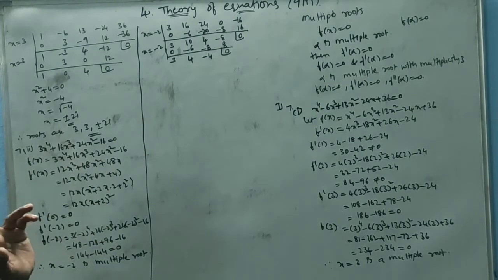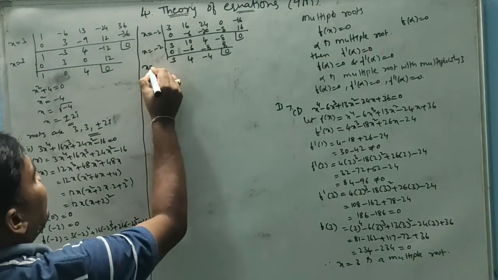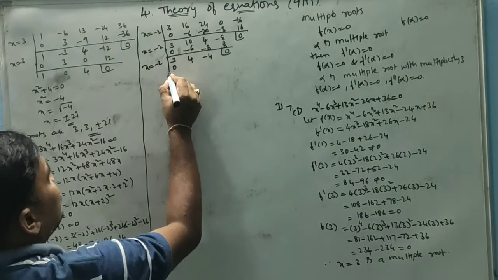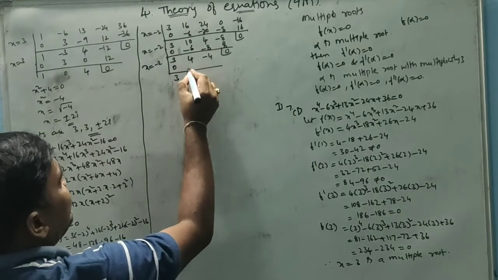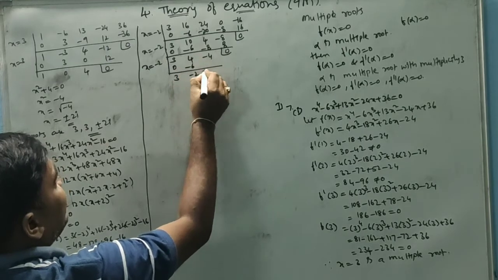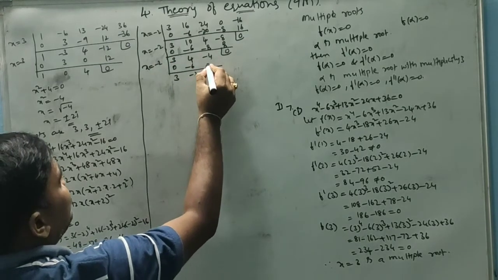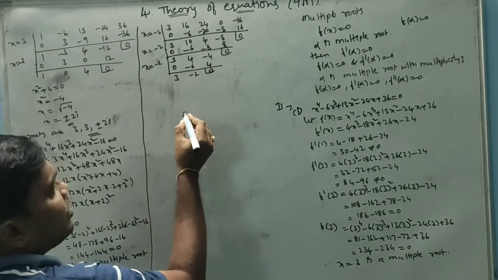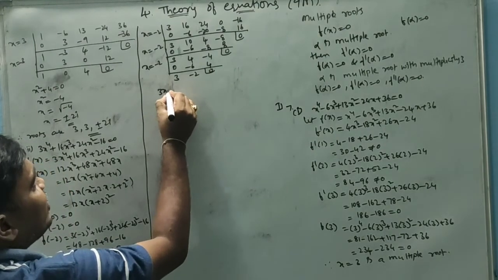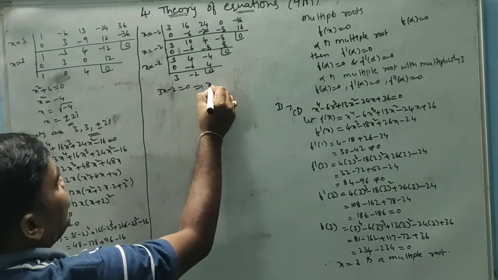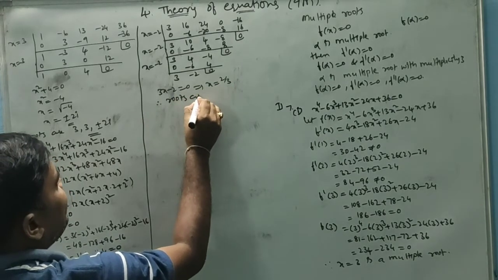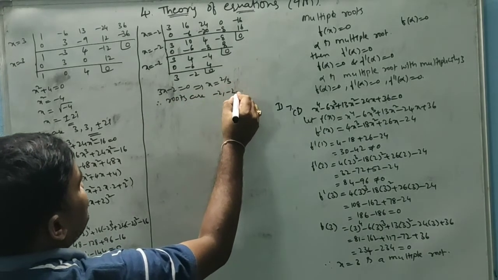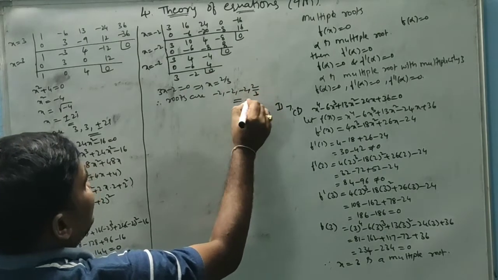So again we are getting minus 2: 3; 3 minus 2 into 3, minus 6; 4 minus 6, minus 2; minus 2 into minus 2, plus 4; minus 4 plus 4, 0. So 3x minus 2 equal to 0, x equal to 2 by 3. Therefore roots are minus 2, minus 2, minus 2, 2 by 3.